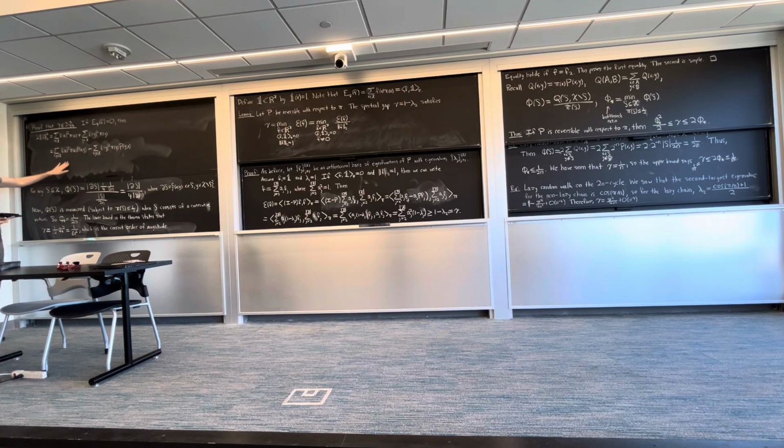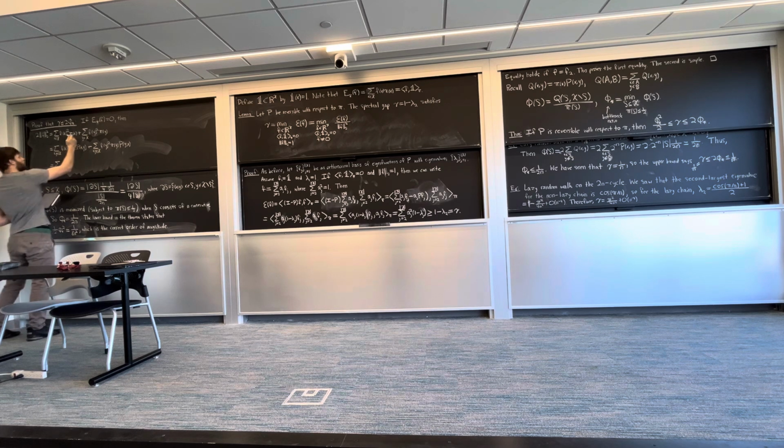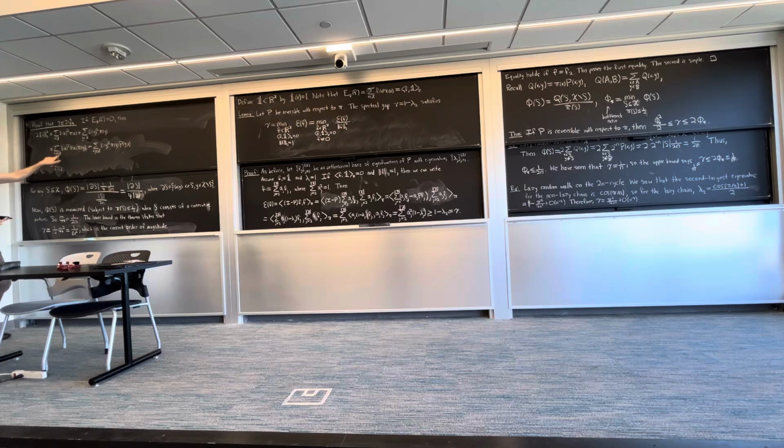And then I can write this as the sum over x and y of, oh wait, sorry. Maybe that's not what I want to do. Let me do this as pi of y. Okay, that's still fine. I'm summing over y and x of pi of y. That's 1 because it's a probability distribution.